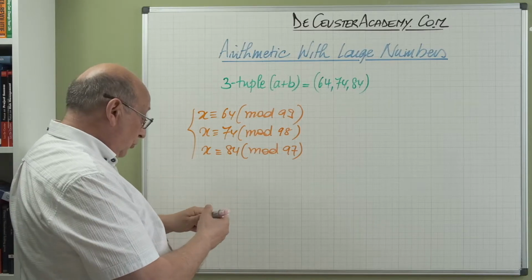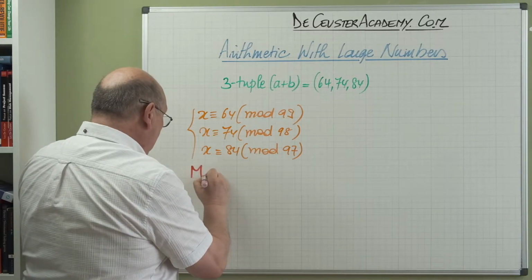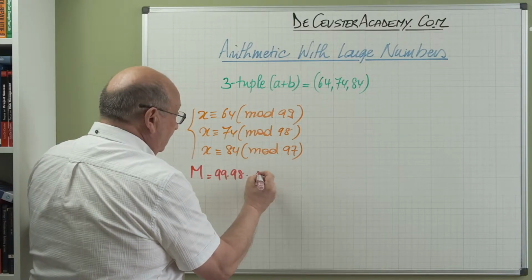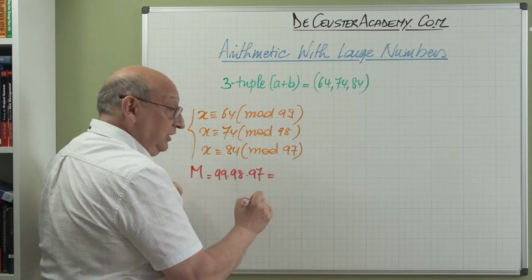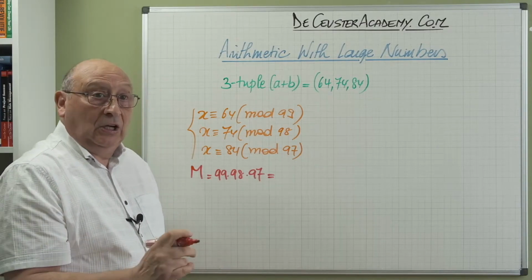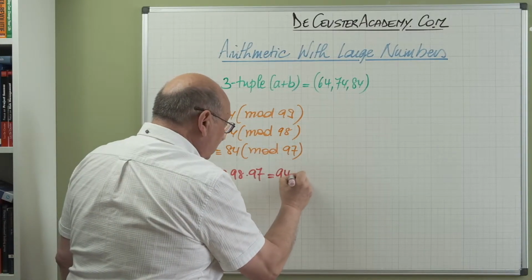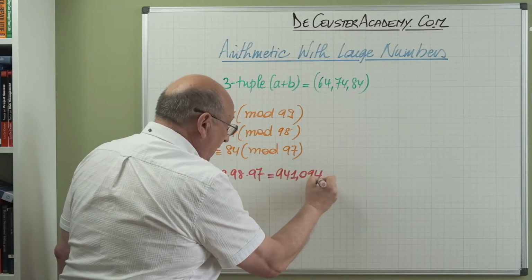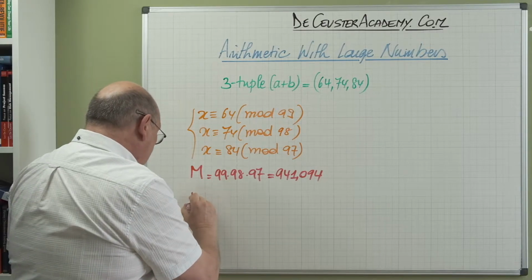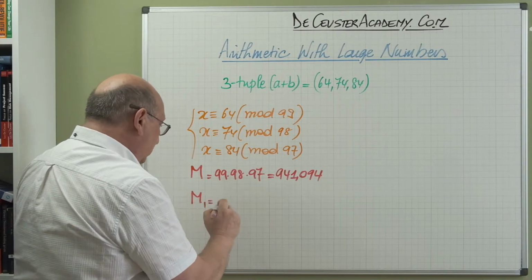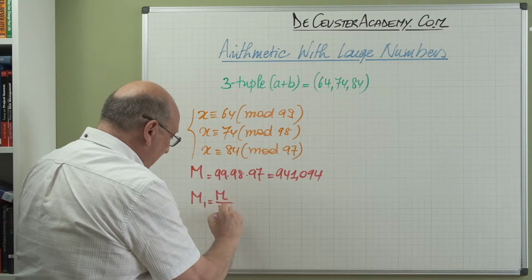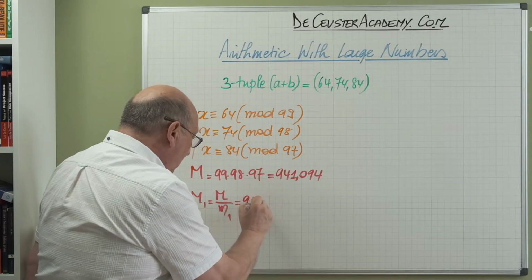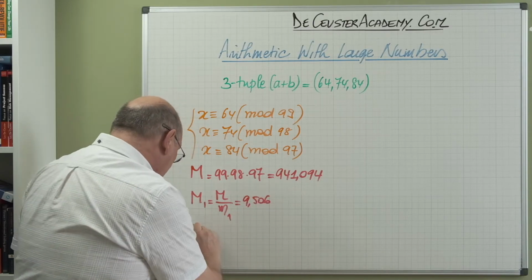Now the first thing to do is to find big M, which is 99 times 98 times 97, which is equal to 941,094. Now we can calculate big M1, which is M divided by m1, which is equal to 9,506.